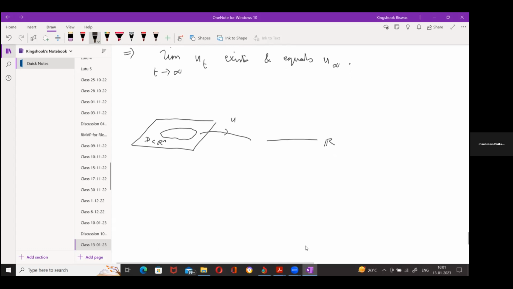For example, the target could be a manifold like this, a surface of genus 2. So now your maps UT will take values in some manifold N, maybe sitting inside some R^q.